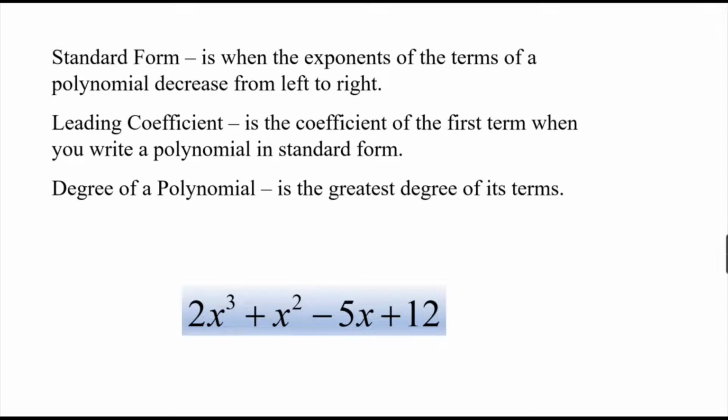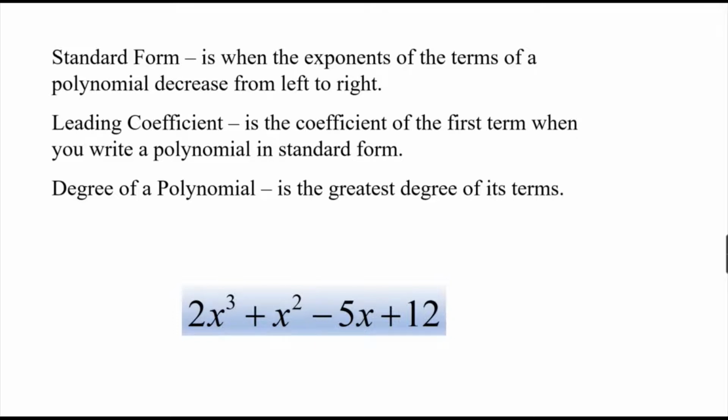Therefore, this is already in its standard form. With this, we can identify the leading coefficient by just observing the first term, or the leading term, and that is 2x raised to 3, or 2x cubed.